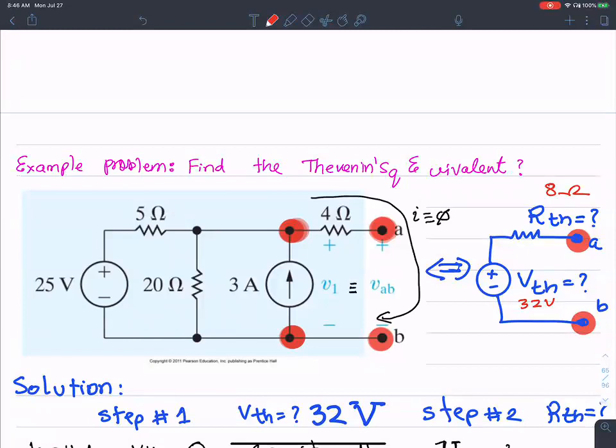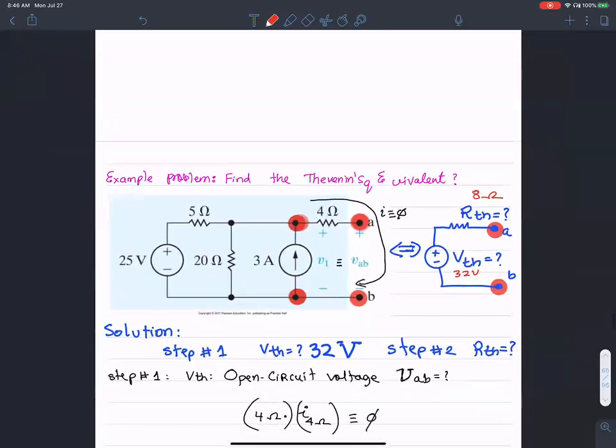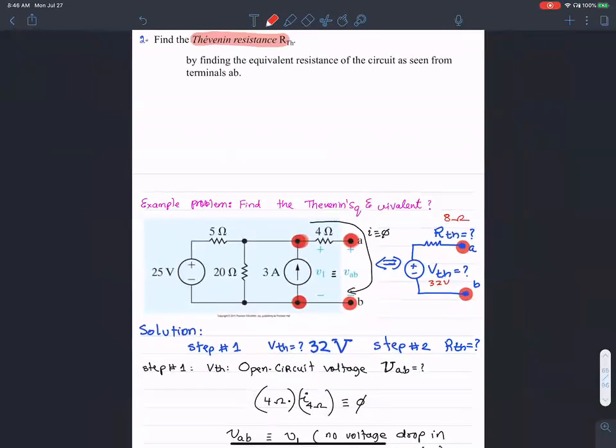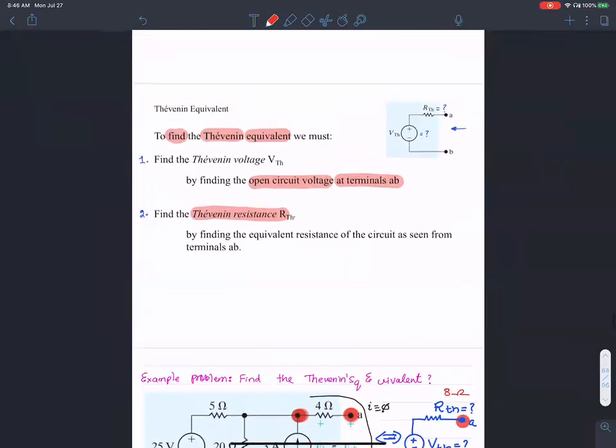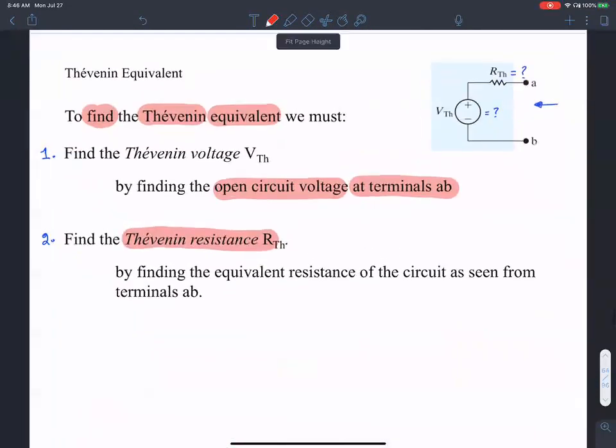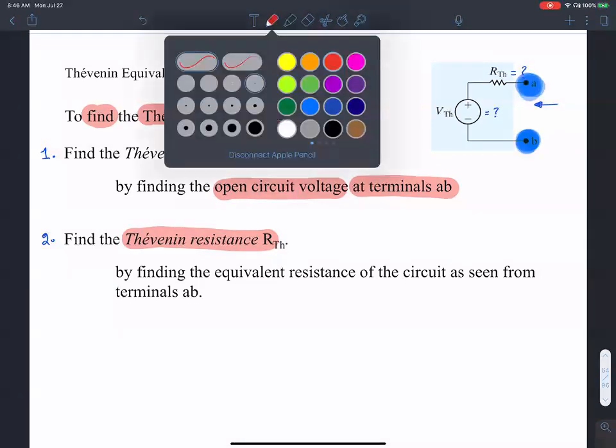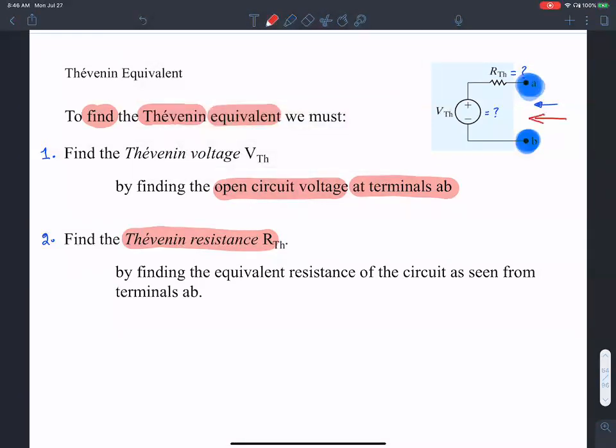Okay, these are really simple techniques, but very useful techniques. So in order to find the Thevenin's equivalent, we want to look at the open circuit voltage between these two terminals, and the resistance looking in to those terminals.